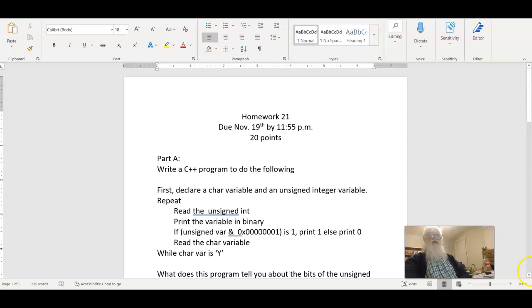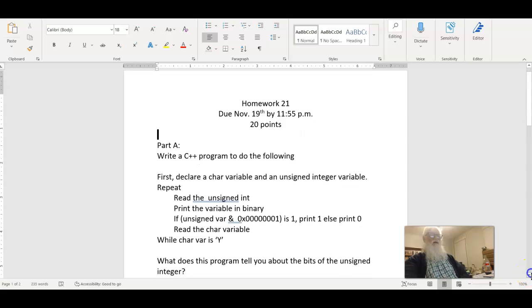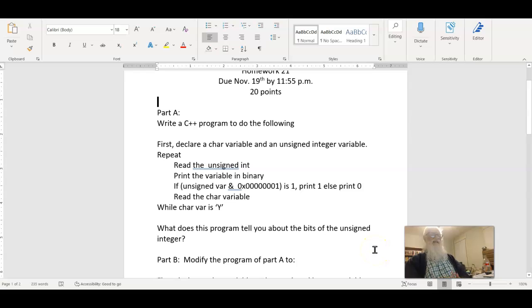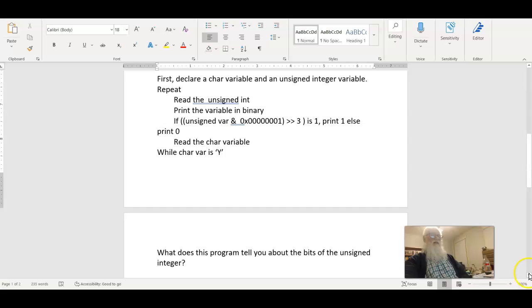Now, I want you to think about, what does this tell us about the bits of the unsigned integer? Does it tell you the value of any particular bit? Is it possible that you're finding out the value of a particular bit by doing this? Then I want you to go a little further.